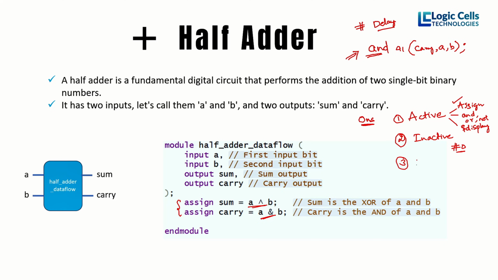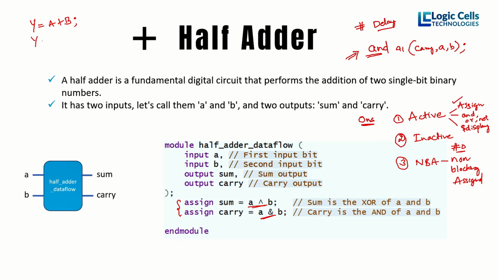Then the NBA region, the non-blocking assignment region. Do you know what a blocking assignment or non-blocking assignment is? Can you comment in the chat if you know blocking and non-blocking assignment simply? If you use, let's say, y is equal to a plus b, this equal operator is a blocking assignment.